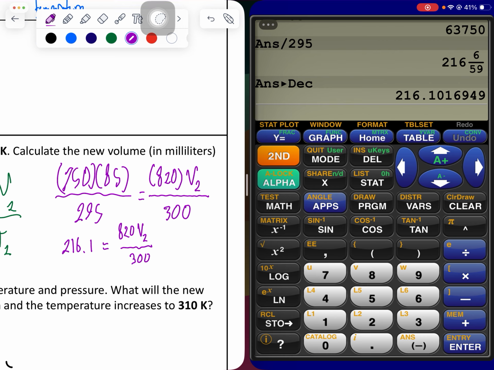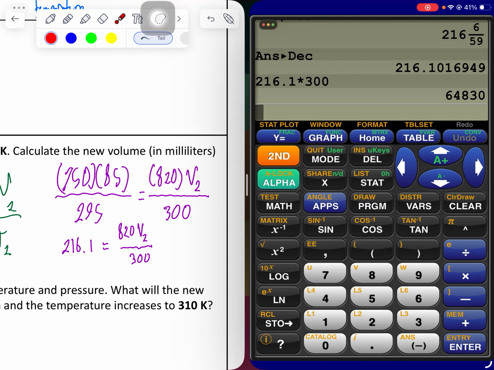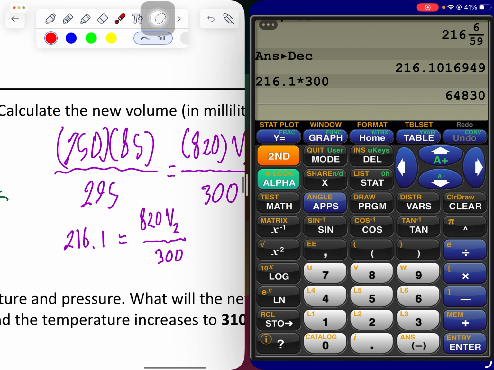We want to isolate for V2. So we want to get rid of this denominator here. Well, how do we do that? We multiply both sides. So our 216.1, multiply that by 300. That gets rid of our denominator right here. Now we need to get rid of our 820 on the top. To do that, we're just going to divide both sides by 820.